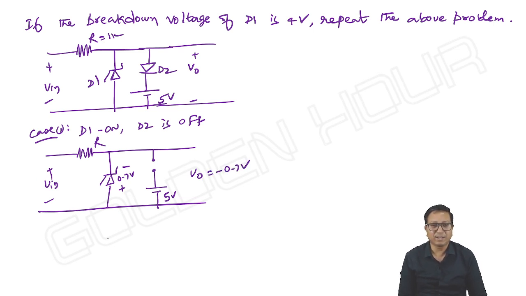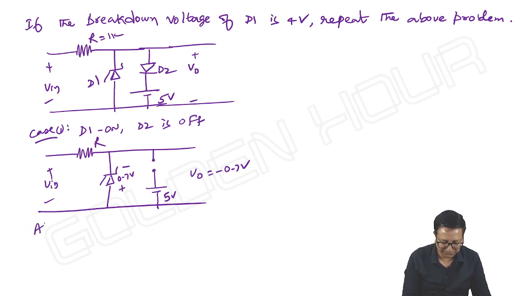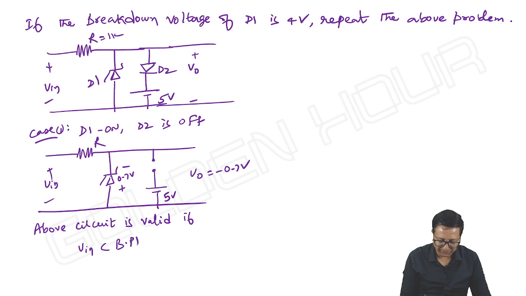This is valid as long as input is less than breakpoint 1, or input is negative. Input is less than breakpoint 1, ideally 0, practically minus 0.7 volts.